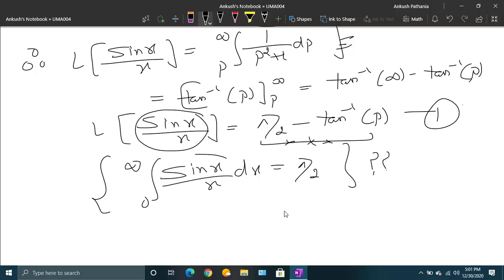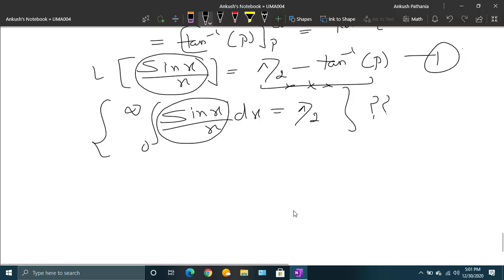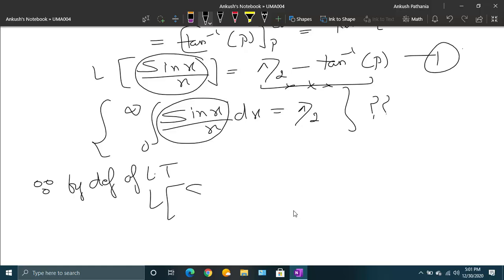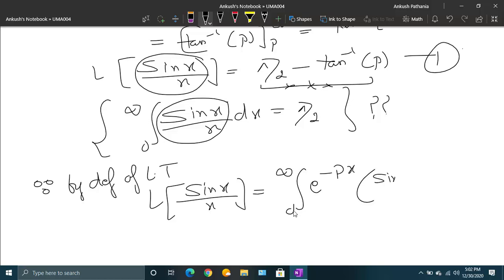Now in the question, he is asking you the integration of this function sin x upon x from 0 to infinity. So how will it be done? By the definition of Laplace transform, it is the integral from 0 to infinity of e raised to power minus px f(x), and f(x) here is sin x upon x, dx.